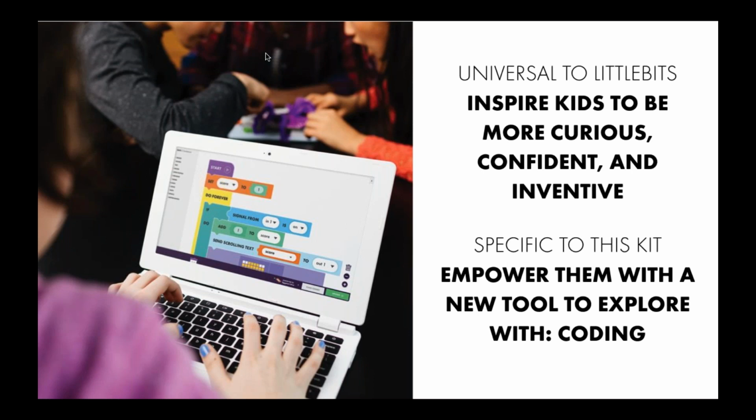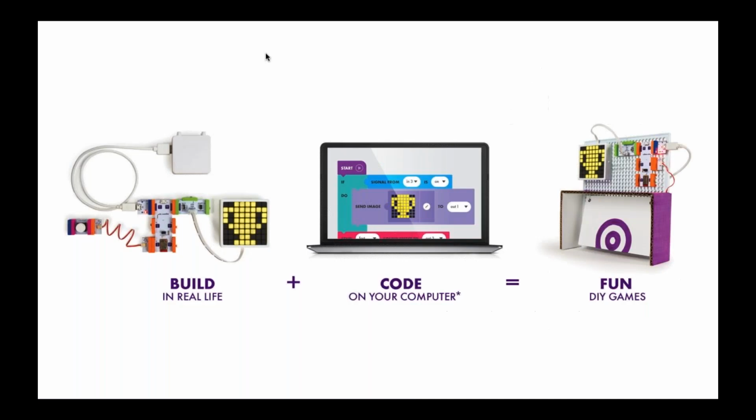So a new tool to explore the process of invention, to explore themselves and their place in the world and how they can have an impact in it. Big idea here is essentially you build a circuit in real life with your bits. You use the coding app software on your computer to create code in order to create fun DIY games.